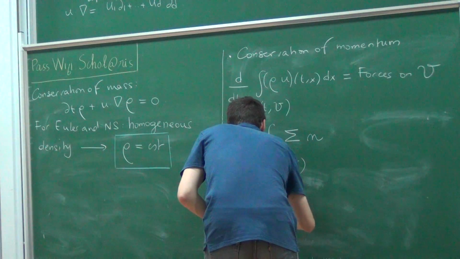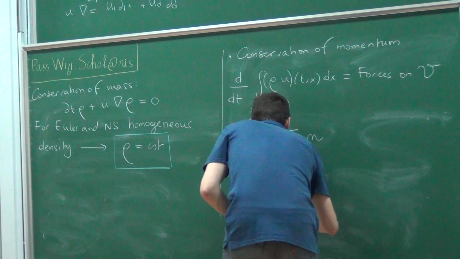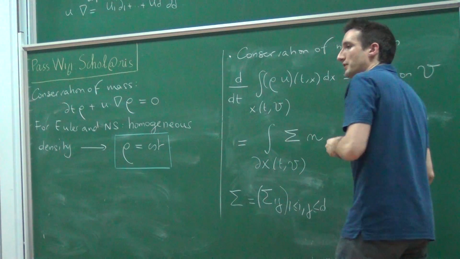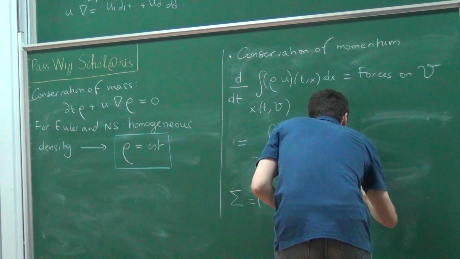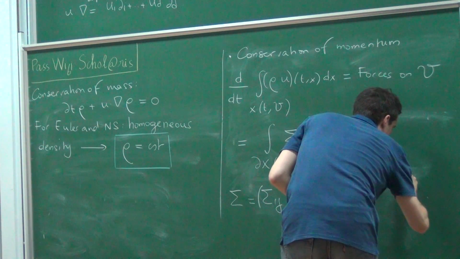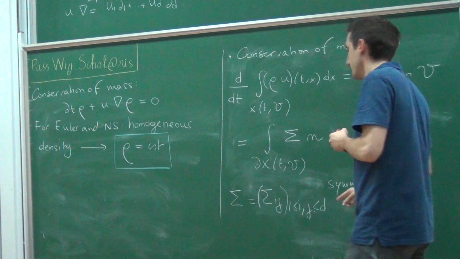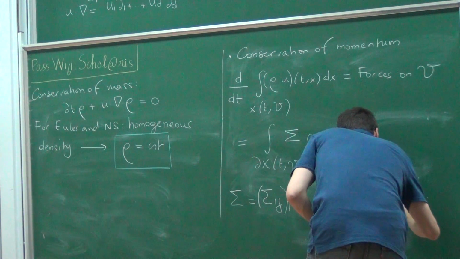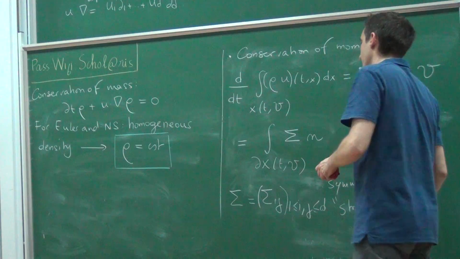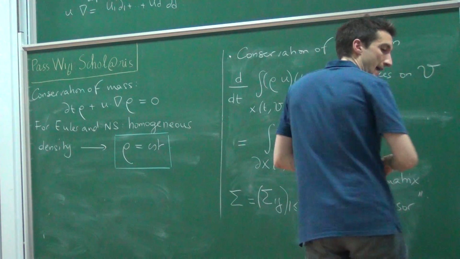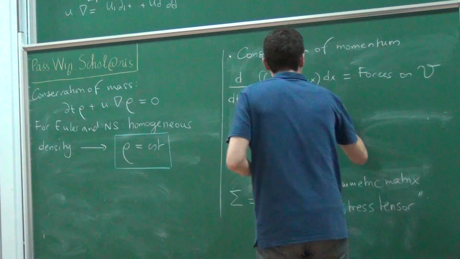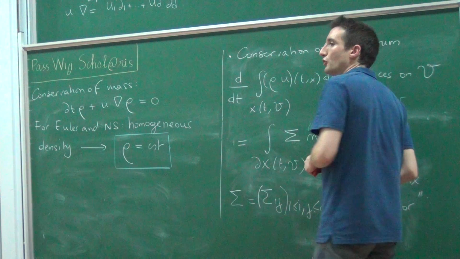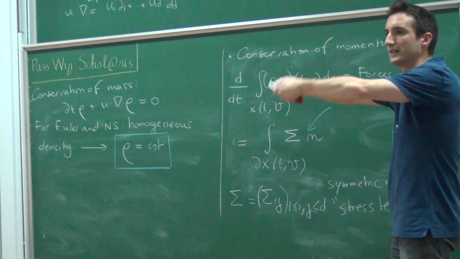It's a matrix, sigma ij. This is a symmetric matrix called stress tensor. This is general mechanics. N is the normal vector at the surface pointing outward.